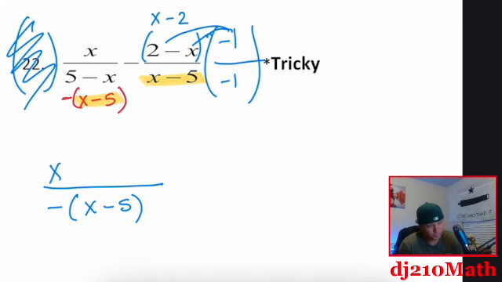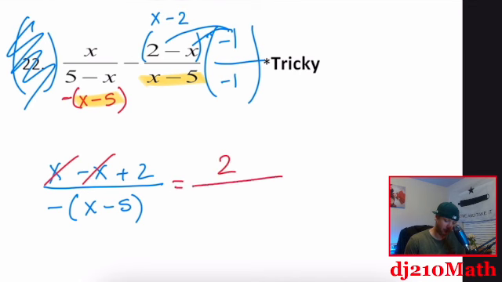So x minus 2, and now this negative has to apply, so that's going to switch them back, which is kind of crazy. It's going to make this minus x plus 2. And x minus x is 0. So the final answer is 2 over negative x minus 5.